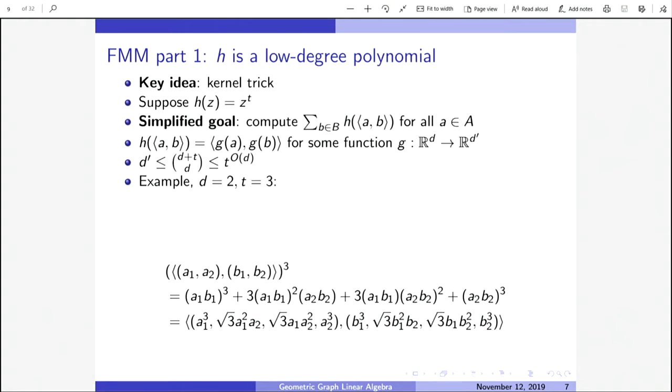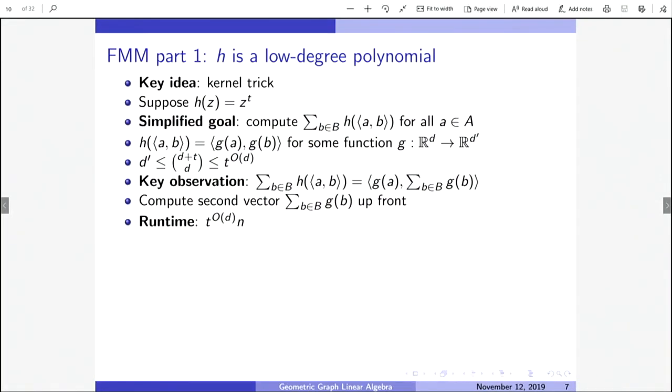Just for those who haven't seen the kernel trick for a while, let's do an example. The inner product of two two-dimensional vectors cubed, if you just expand it out, is equal to that. And this quantity can be written as the inner product of two four-dimensional vectors, where each vector just depends on a and b separately.